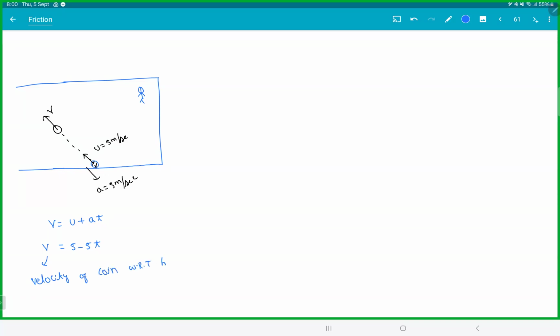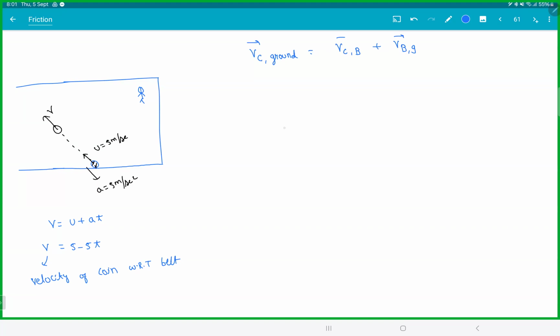Now, if you want velocity of coin with respect to ground, this will be velocity of coin with respect to belt plus velocity of belt with respect to ground. Agreed? So we have to add them vectorially.